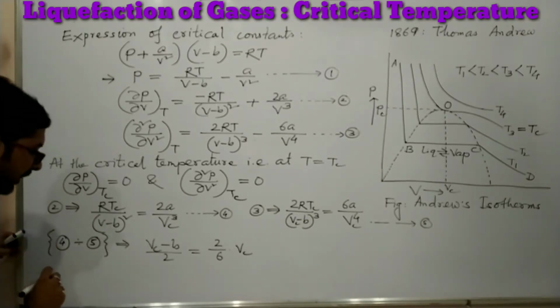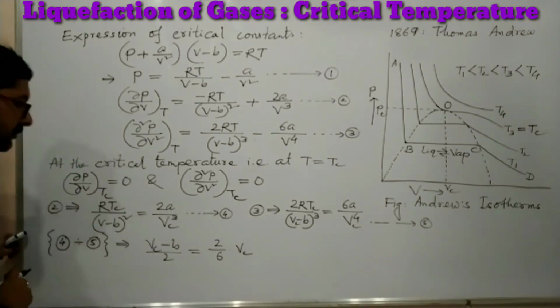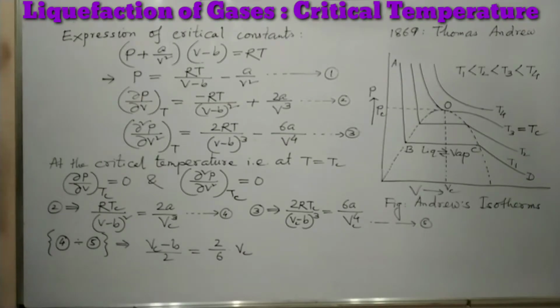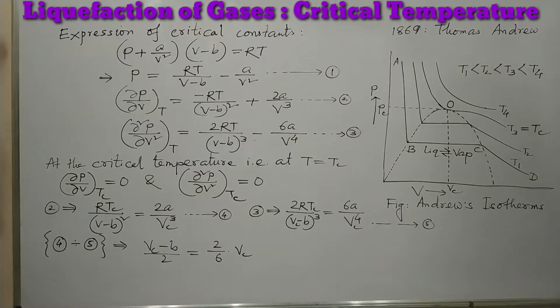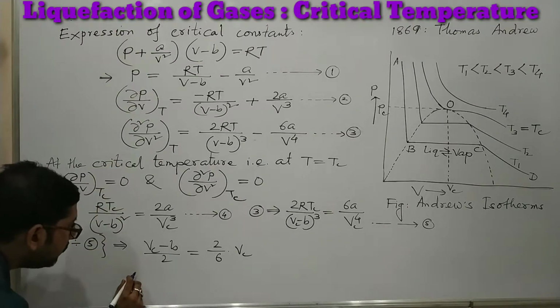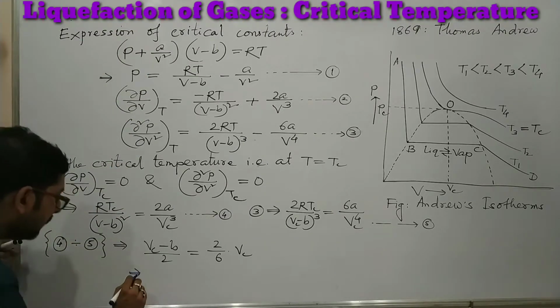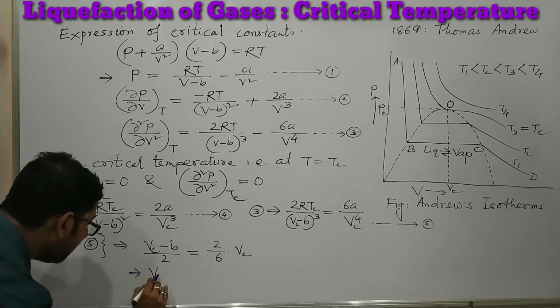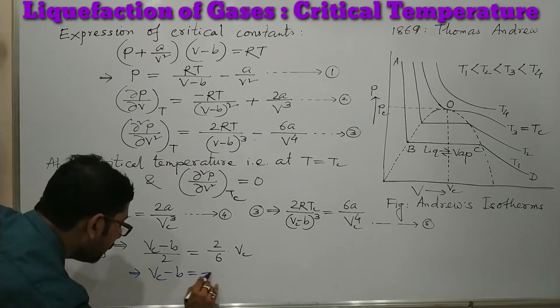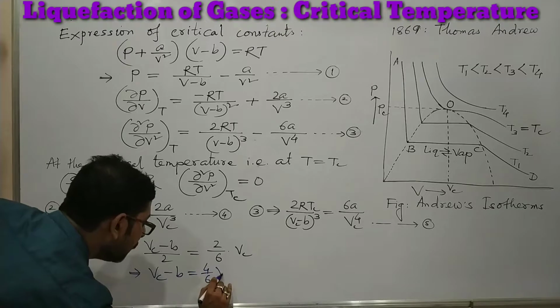So this gives us Vc minus B equal to 4 by 6 into Vc.